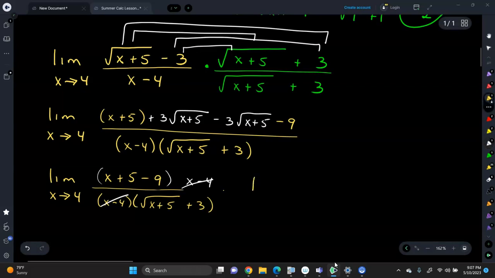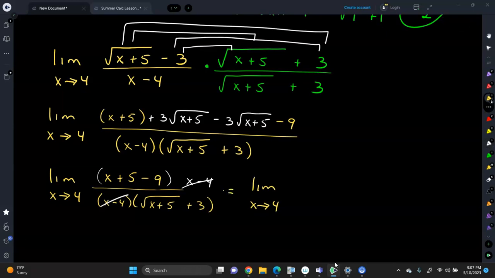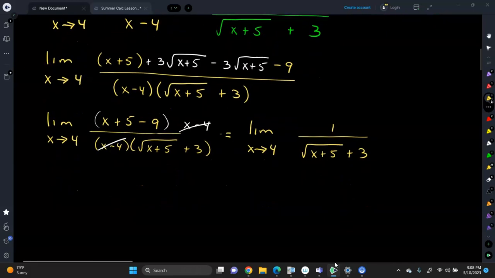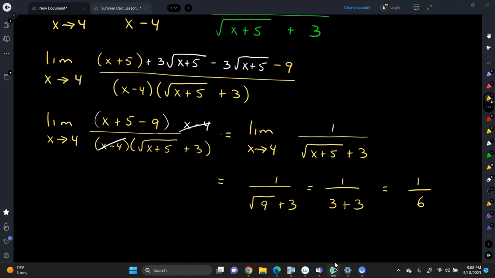So I'm left with the limit as x approaches 4 of 1 over the square root of x plus 5 plus 3, which equals 1 over the square root of 9 plus 3, and that gives me 1 over 3 plus 3, which equals 1 over 6. And we're finished. Okay, so we multiplied by the conjugate.